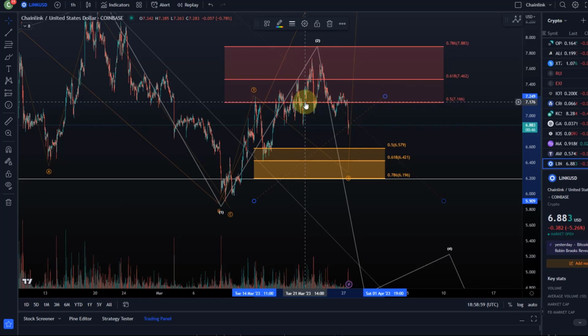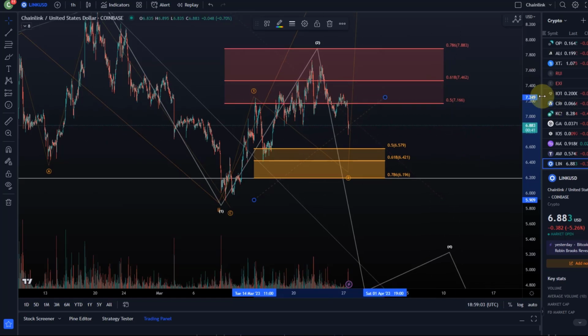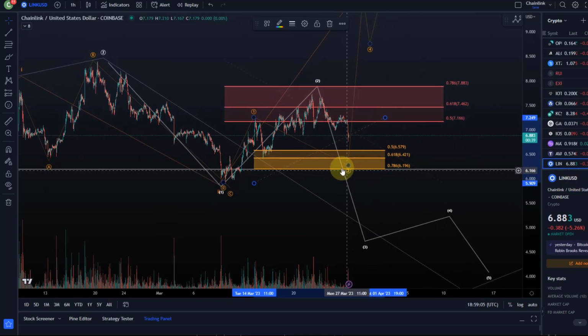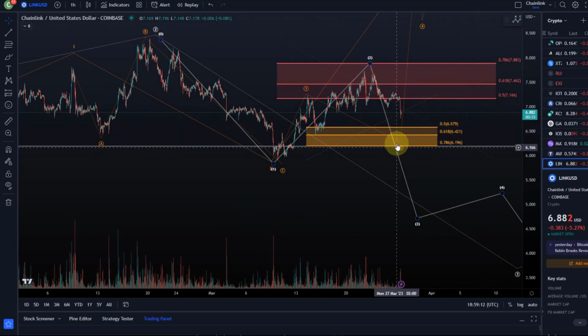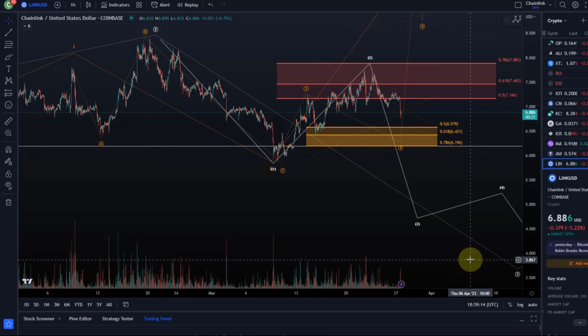I don't necessarily like correlations, but as long as we're holding 619 or 620, it is at least a reasonable setup to expect a third wave to the upside. But note that below 619, the bear count gets in full control.